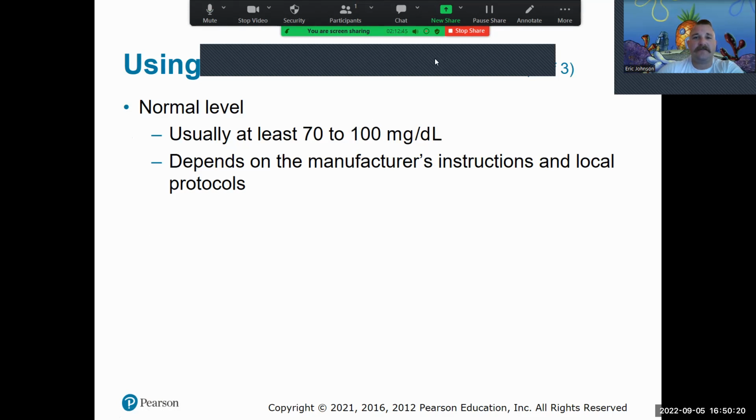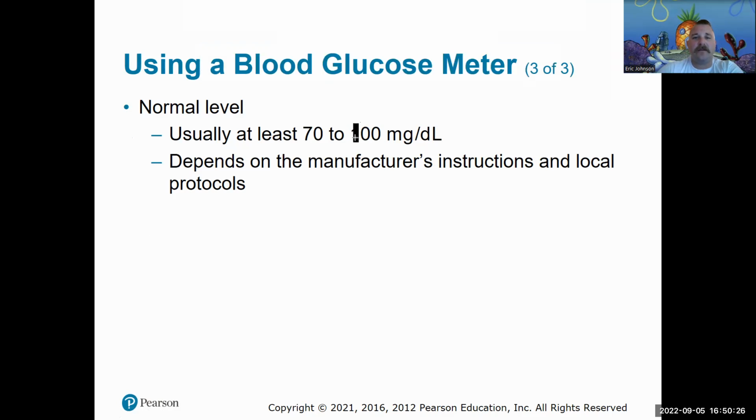No. All that I can do is I can draw. So it's 70 to 110. Okay. So normal level is 70 to 110.